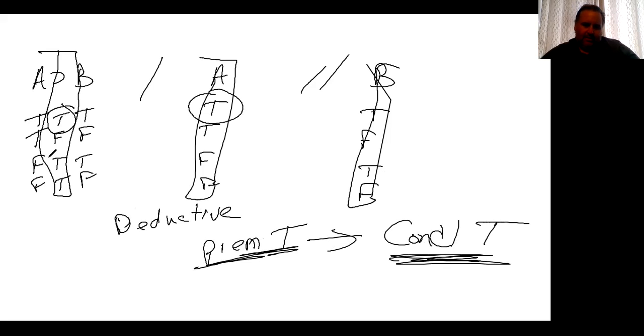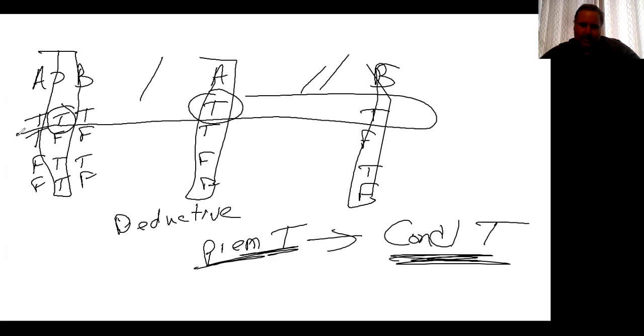And if all the premises are true, and there's only one line in which that occurs, and that's this one, then we want to know if those premises are true, is the conclusion true or false? If it's true, then that's at least evidence that it can be valid. But if you have any single line in which the premises are true and the conclusion is false, if that had been false there, then we would label this invalid.